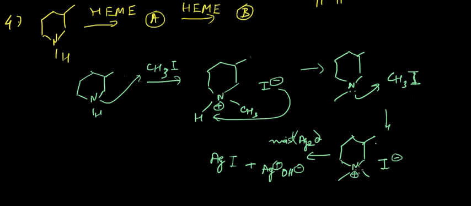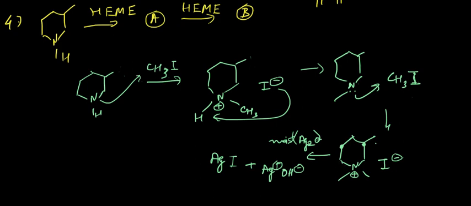Now which would be compound A in this case? Would it be attacking on this acidic alpha hydrogen, or this one? So which of the two alpha hydrogens would this OH minus be attacking?